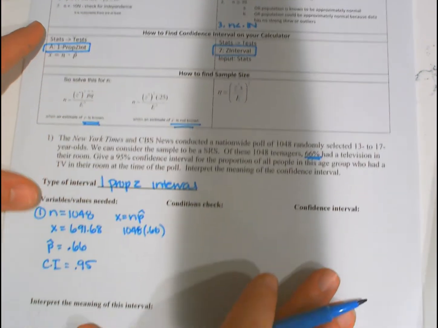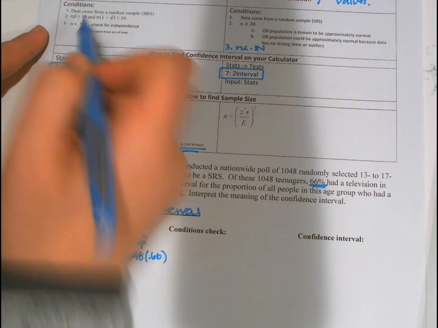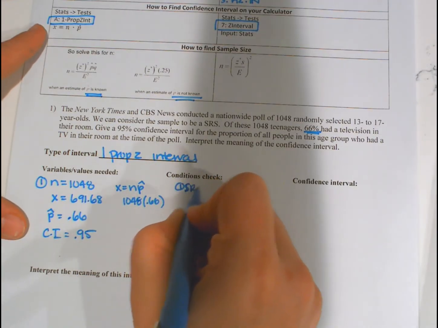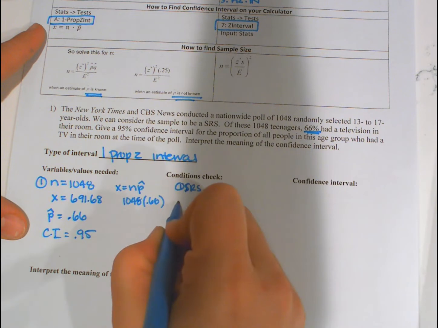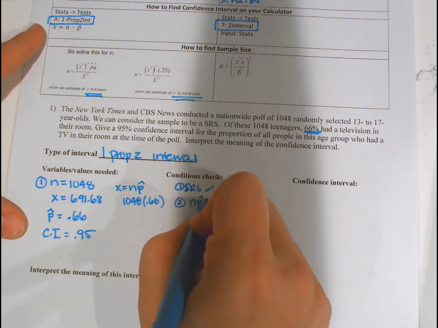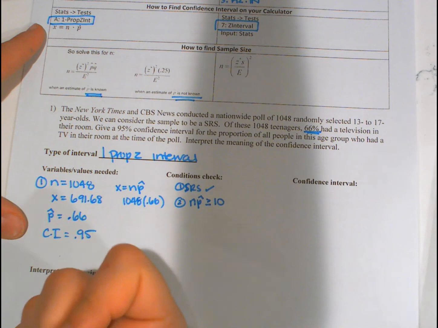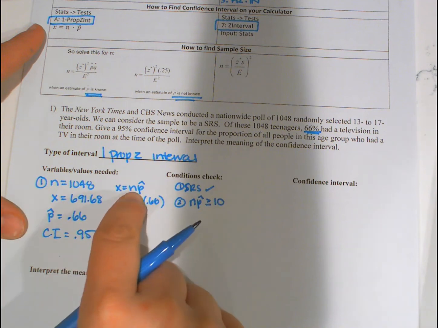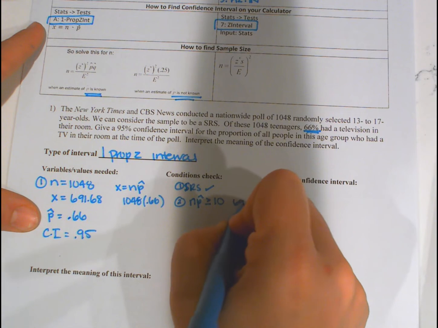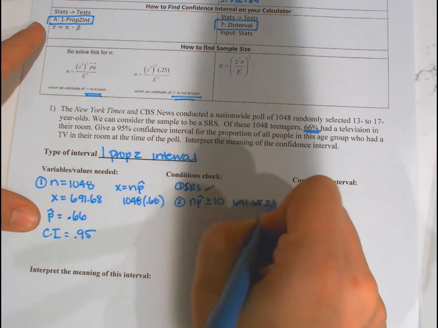All right, so let's go ahead and check our 3 conditions that we have above. So first, is it a simple random sample? It says it is, so we're good there. Then we want to know, does n times p give us a number greater than or equal to 10? Well, we just multiplied n times p together, and we got 691, so that's definitely greater than or equal to 10.